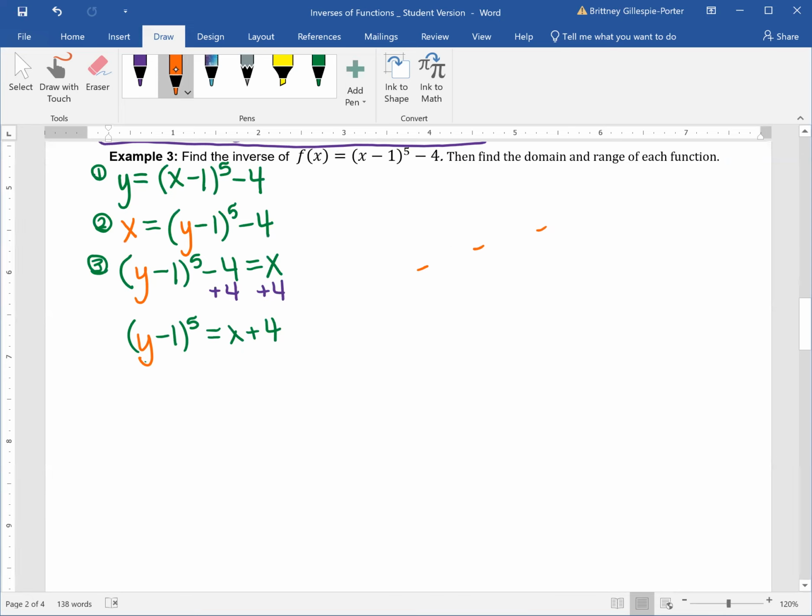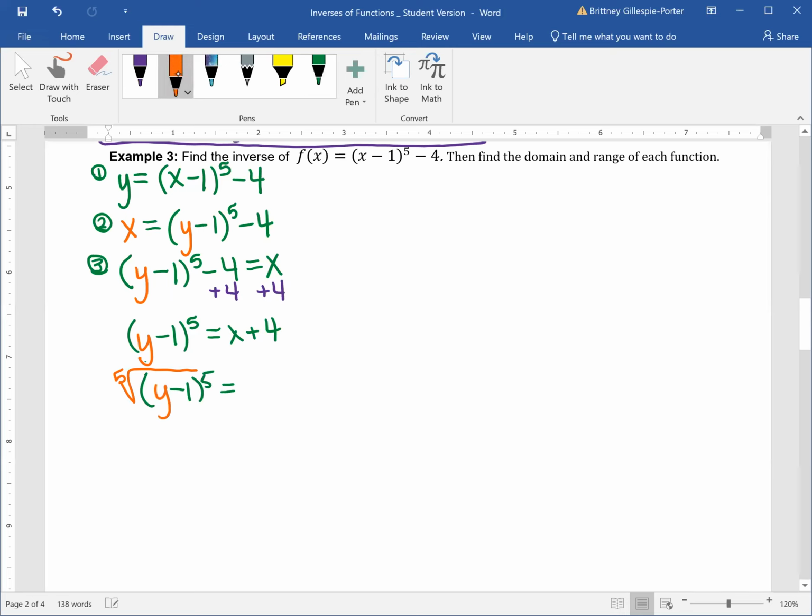Okay. If you think back to the square root property, when we had x squared, we took the square root of both sides. Here we have something to the 5th power. Because we have it to the 5th power, we're going to take the 5th root of both sides. So we're going to take the 5th root of (y minus 1) to the 5th.